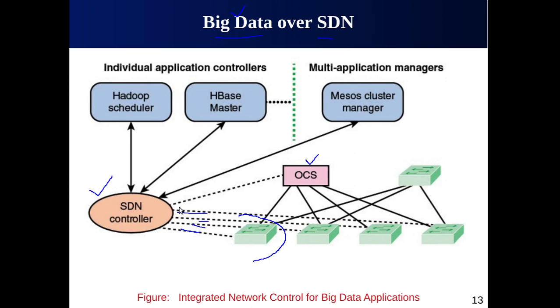That is why the SDN controller manages the physical connectivity among these switches. We can also configure the optical circuit switch, and it can manage the forwarding between these switches by using different forwarding rules.